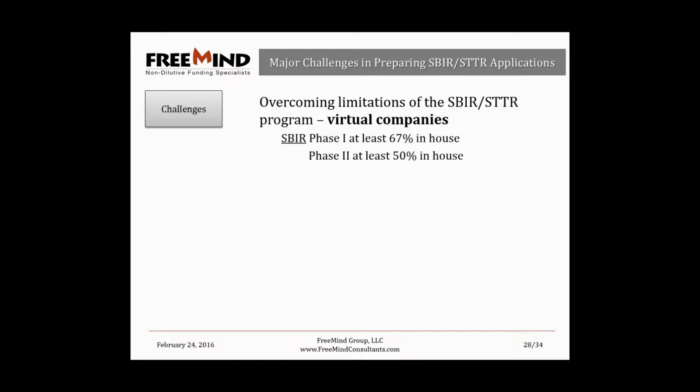In an SBIR phase 1, you have to perform at least 67% of the work in-house. In an SBIR phase 2, you have to conduct 50% of the work in-house, and that is pretty problematic for companies at the beginning of their R&D plan. They do a lot of outsourcing a lot of the times, and that is problematic.